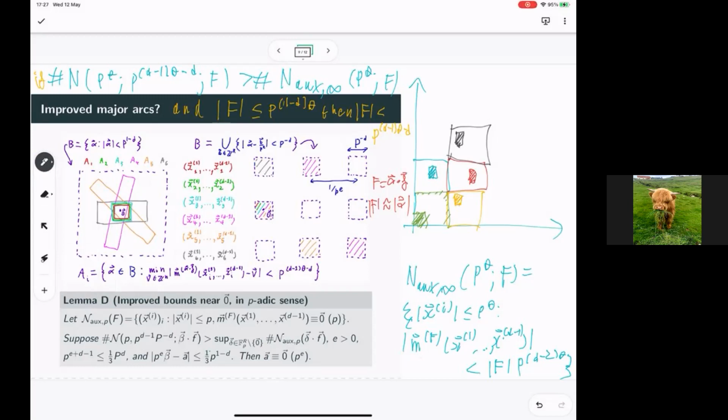In the case when the system of polynomials is quadratic, there is only one of these vectors, x1 up to x(d-1). And this system of inequalities that appears in this auxiliary problem is just a linear system of inequalities. So getting an upper bound for this set in the quadratic case is not so hard.